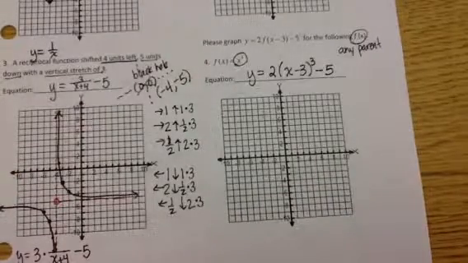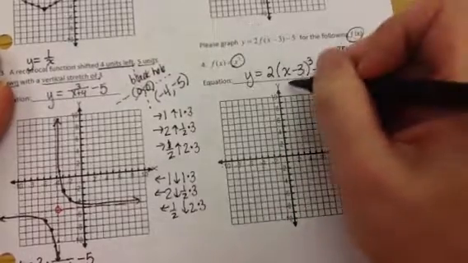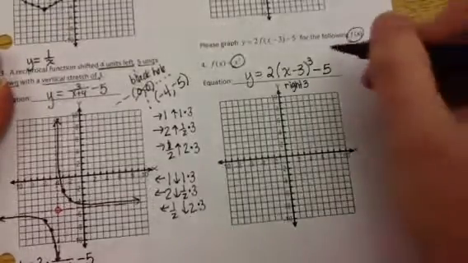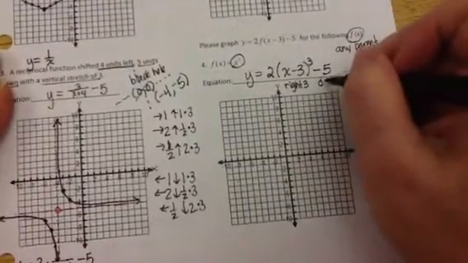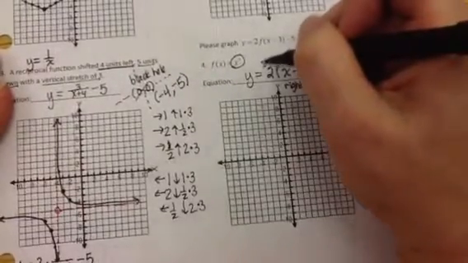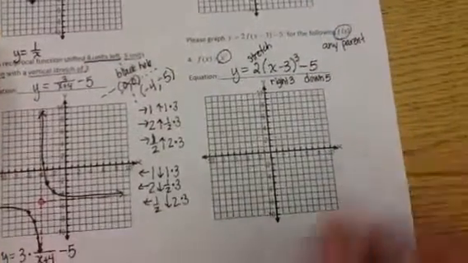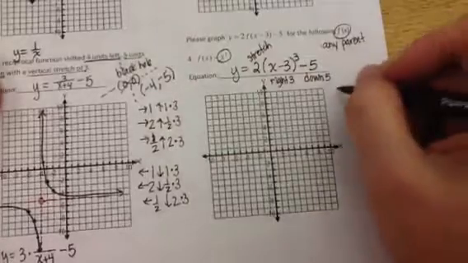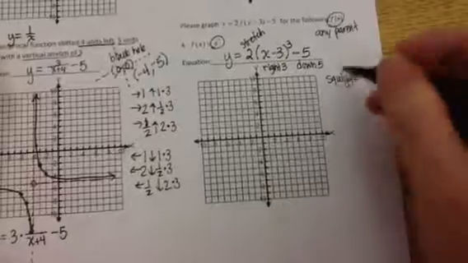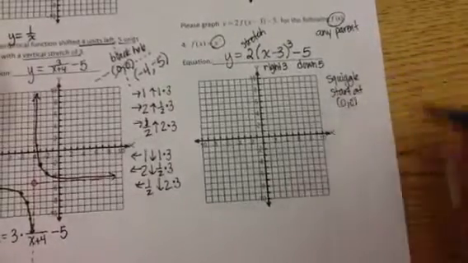So what are those transformations? The minus 3 inside the function is going to shift the function right 3. The subtract 5 outside the function is going to shift the function down 5. And the 2 out in front is going to be a stretch of 2. So in my normal parent function, y equals x cubed, that's the squiggle graph. And it starts usually at 0, 0.